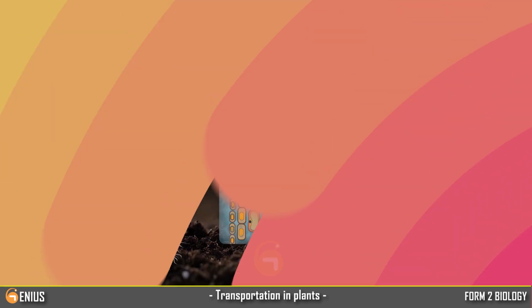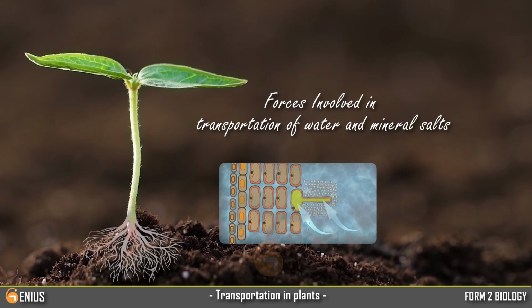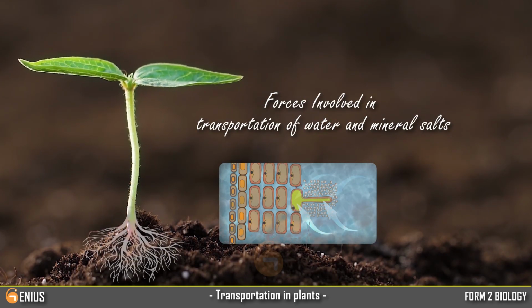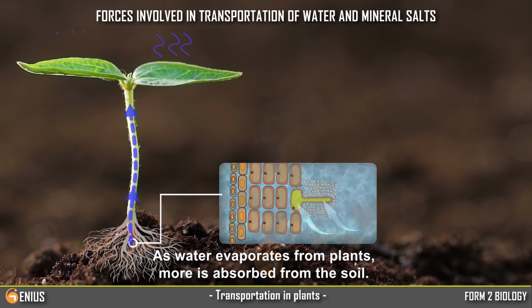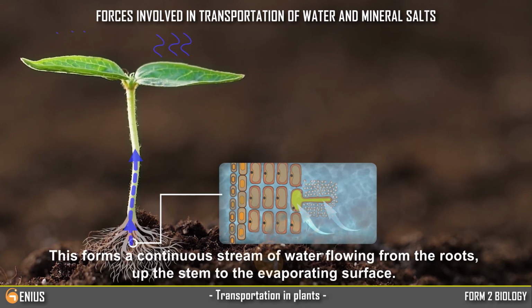Forces involved in transportation of water and mineral salts. As water evaporates from plants, more is absorbed from the soil. This forms a continuous stream of water flowing from the roots up the stem to the evaporating surface.